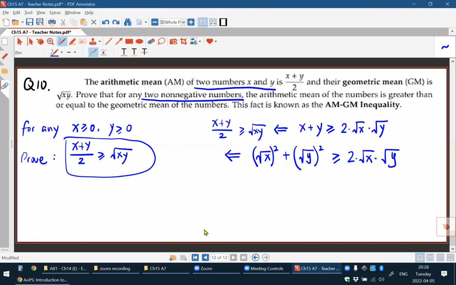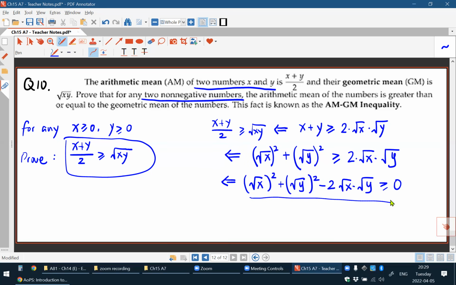You follow me? So in order to prove this one is correct, we can move everything to the left. Then as long as we can prove this expression is always true, then we can prove this statement here is true, right? Can you follow me?